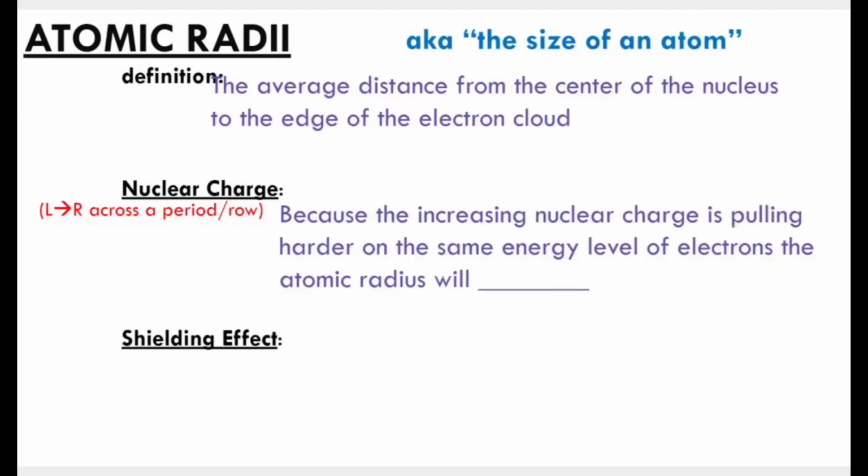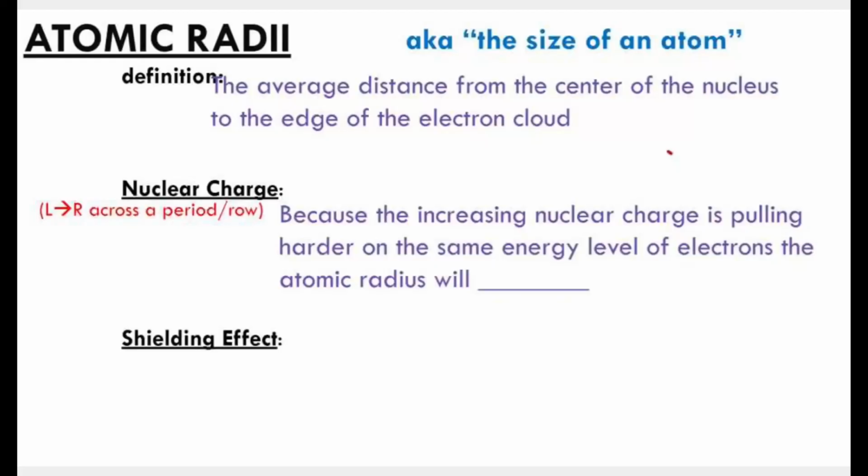So if we start with nuclear charge, like I just said, nuclear charge is about the strength of our nucleus, the pull of our nucleus, the total charge of that nucleus with all of its protons. So as that nuclear charge increases, as our nucleus gets stronger, it's pulling harder and harder on the electrons. As we're adding more and more protons to that nucleus, they are pulling harder and harder.